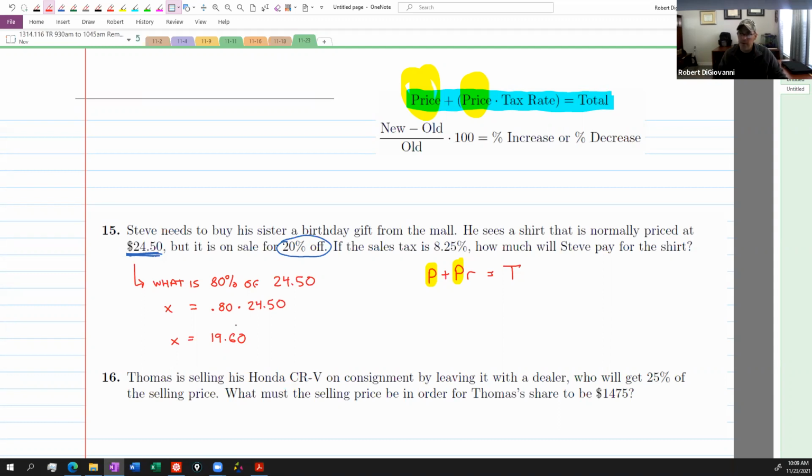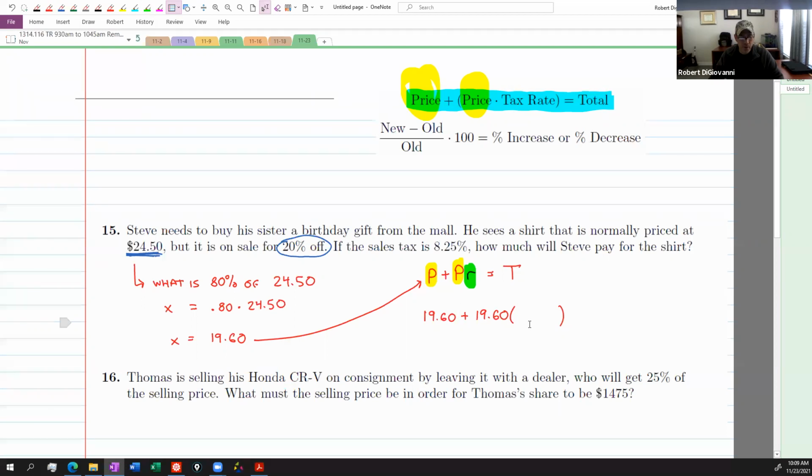Okay, now that's our price. So this is our P in here. So we're going to put here 19.60 plus 19.60 times the tax rate. What is our tax rate in this problem? We're going with 8.25, right?